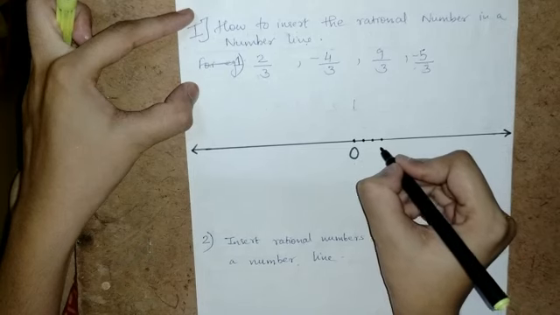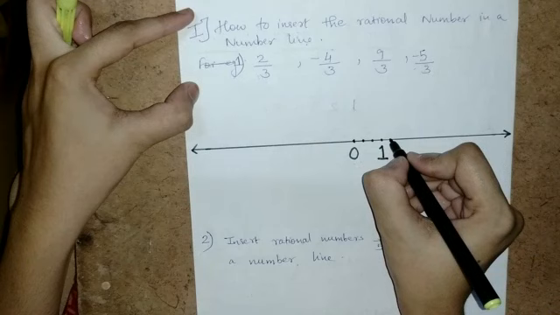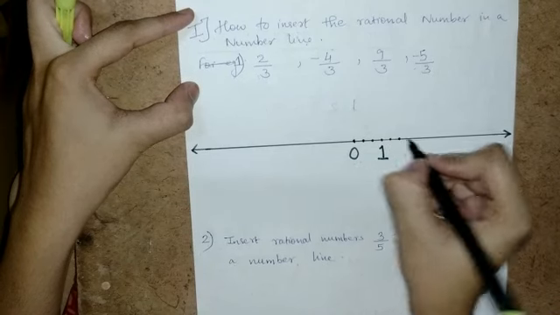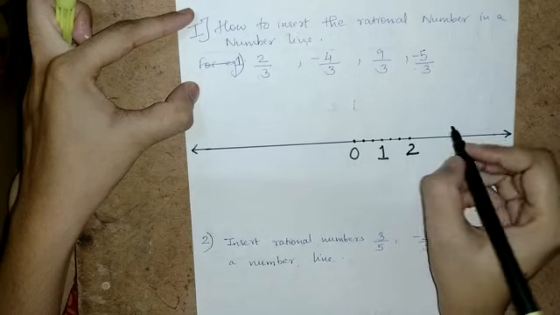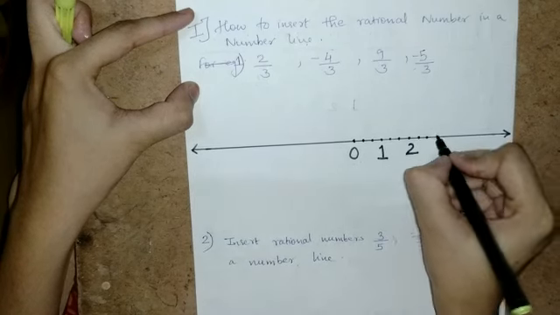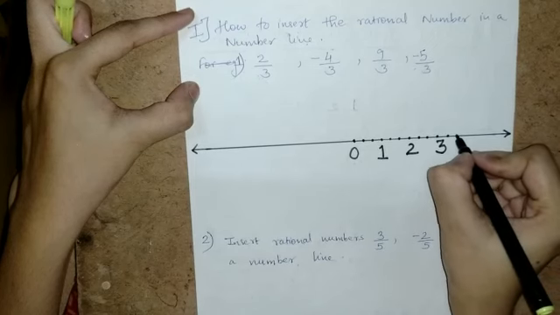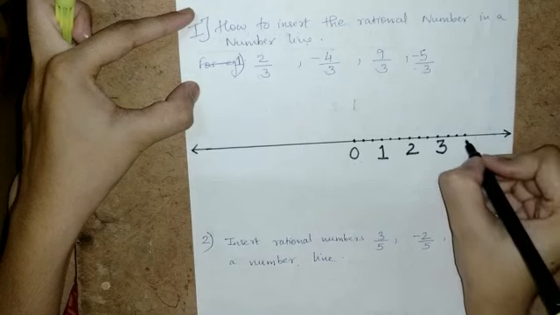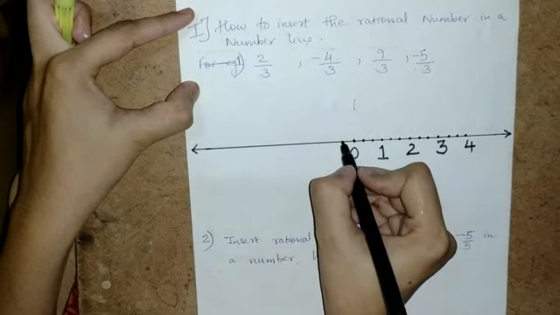Then our integer 1 will come. Then after 3 dots, 1, 2, 3, the second integer 2 will come. Then again 3 dots, 1, 2, 3, 3 will come. 1, 2, 3, 4 will come.